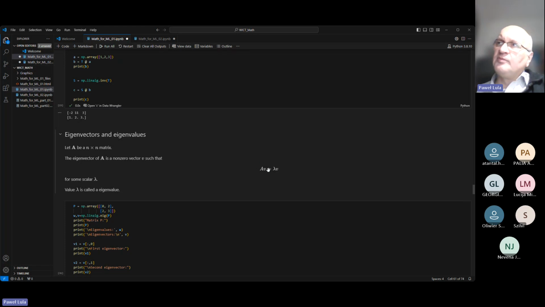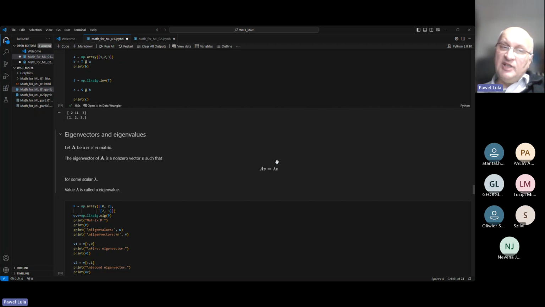So I transformed this V vector using a transformation defined in matrix A. And the result is here. It is vector V multiplied by lambda.